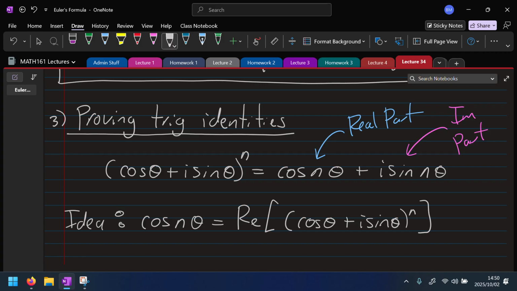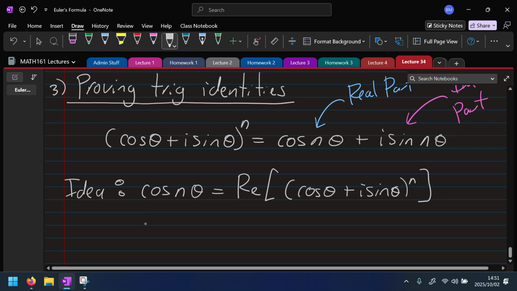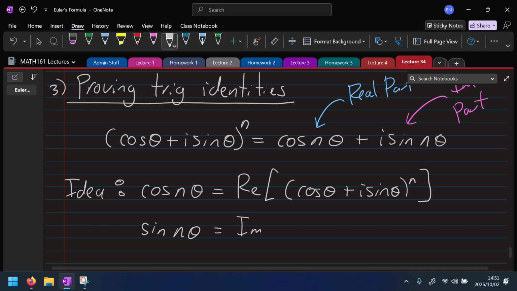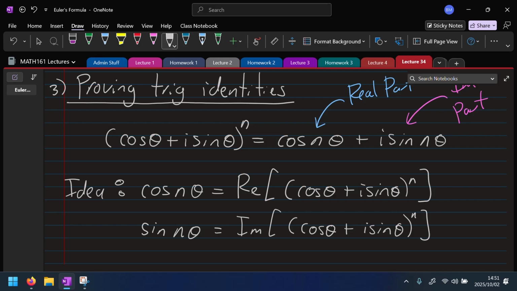And sine n theta will then be the imaginary part. So again, real parts, put that in blue, that goes with cos. And the imaginary part, let's put that in pink, that goes with sine.